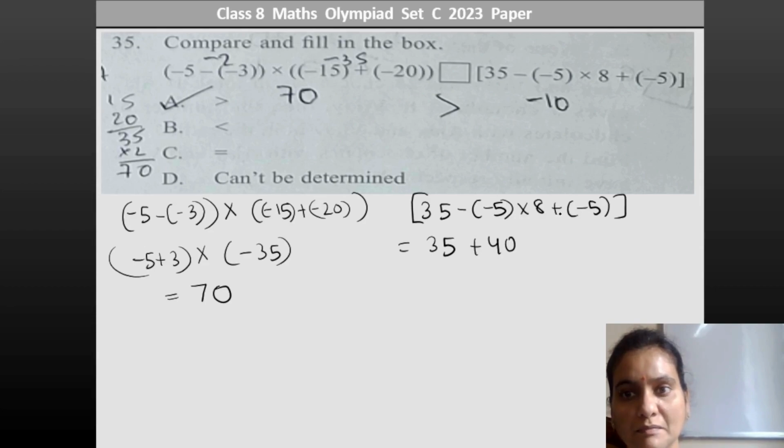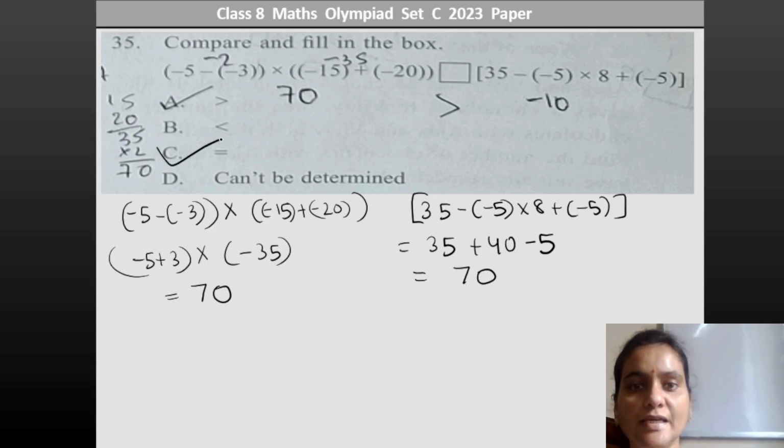And plus is outside the bracket, minus is inside the bracket. So when we remove the bracket, it will become minus 5. Different sign inside and outside means negative integer will come. So 35 plus 40 is 75, minus 5. So it is again 70. So option C, equal to, is the correct answer for this question number 35.